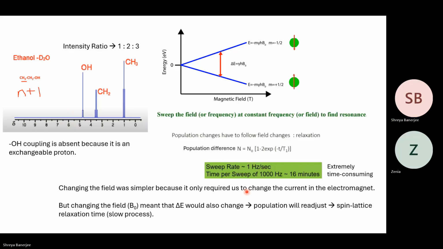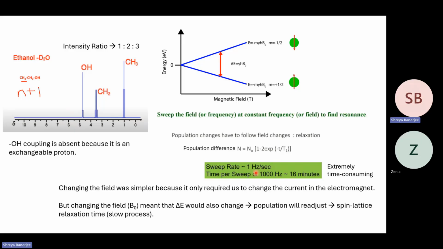So now suppose your sweep rate, that is the rate at which the magnetic field goes through the entire sample, is 1 Hertz per second. The sweep rate means the instrument is sweeping through the frequency and it covers 1 Hertz in 1 second.